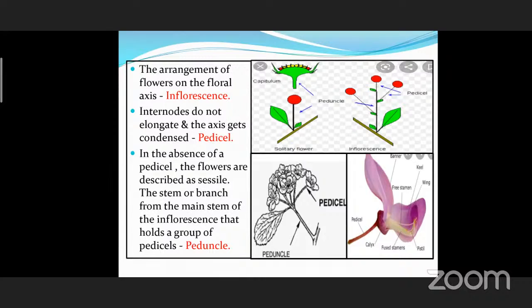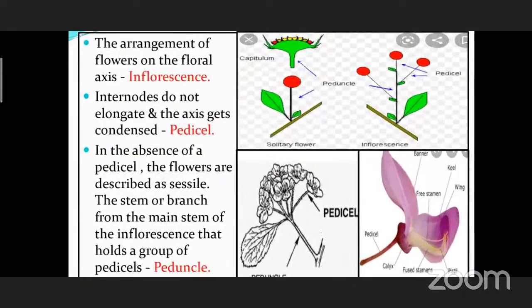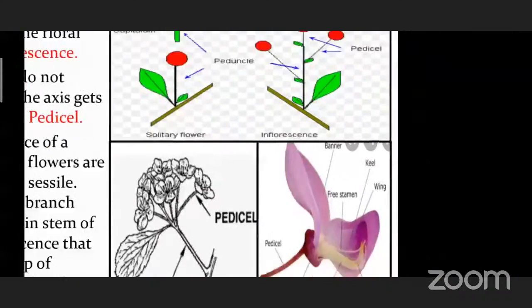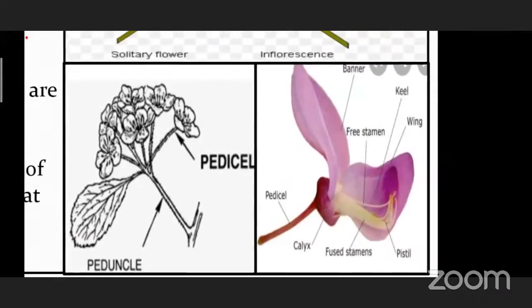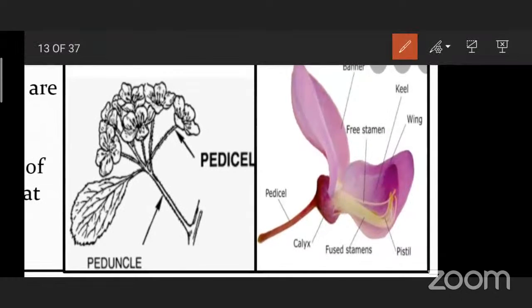First we have to learn what a pedicel and what a peduncle are, and where they are arranged in the plant. See here, when the internodes do not elongate, the axis is called a pedicel, condensed. Or another definition: the stalk of an individual flower is called a pedicel.